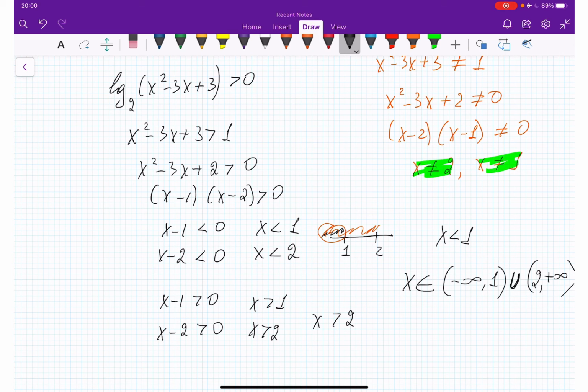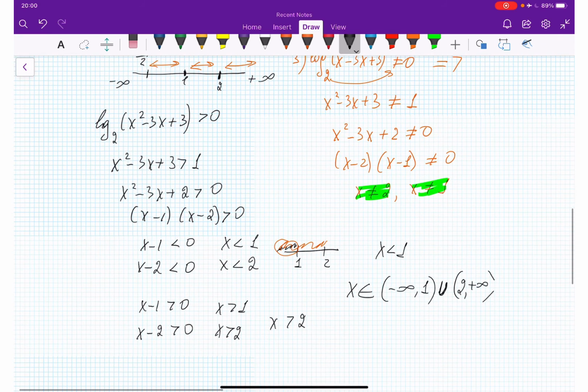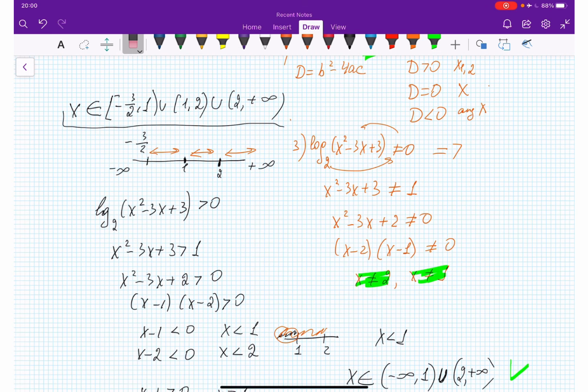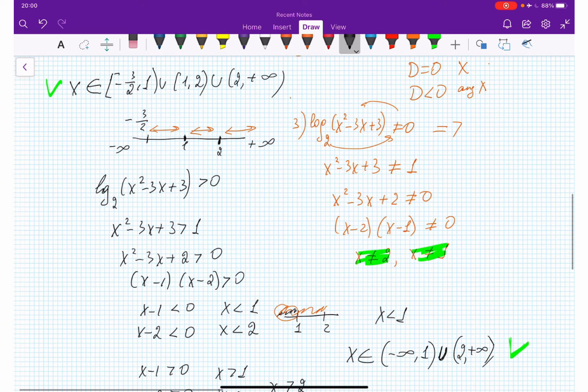Okay. So now, to get the final answer, we need to compare the result we got here with this one. And we compare to see what is going to be the common condition, and that will be our answer.